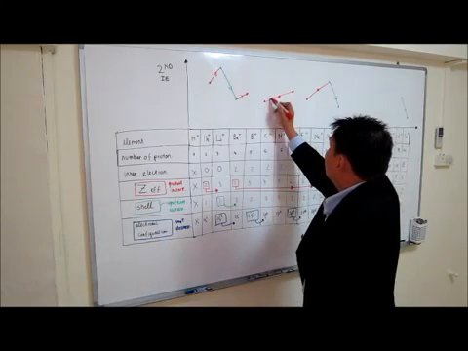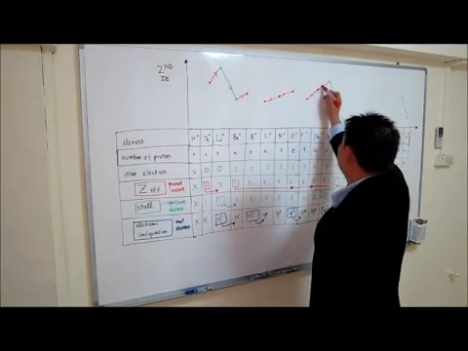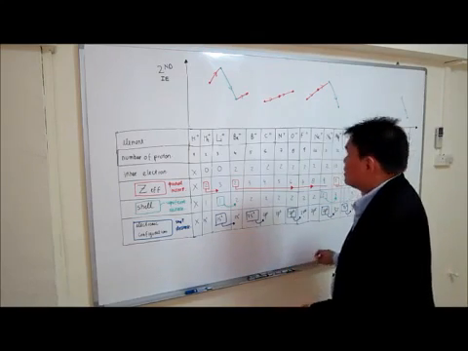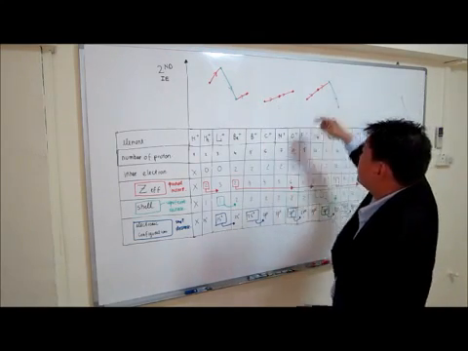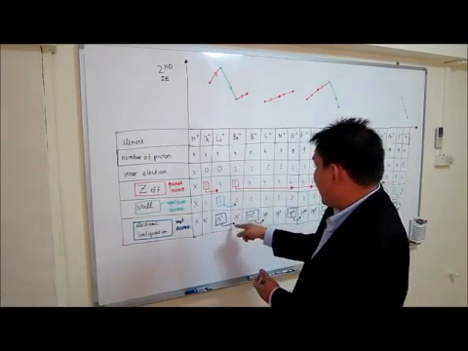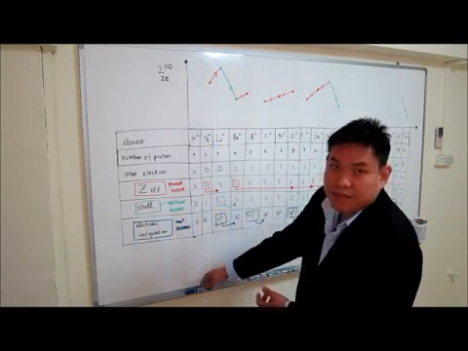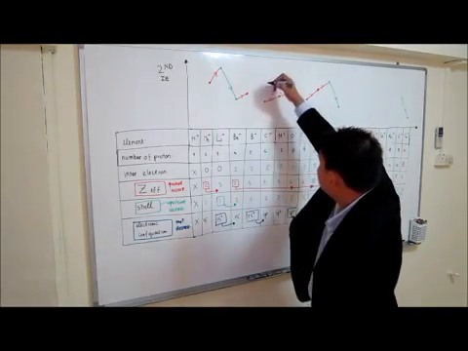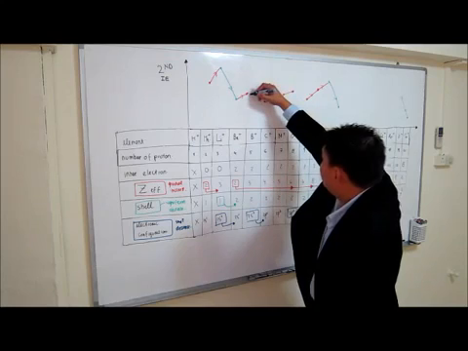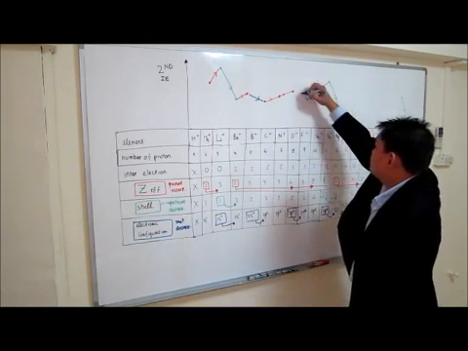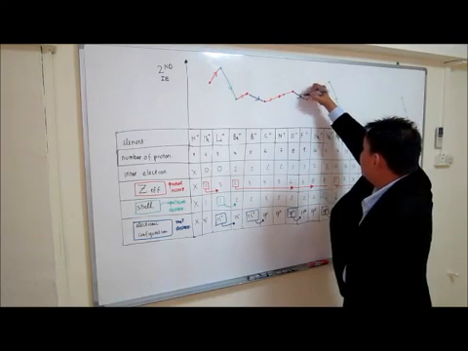Now, why do I have to split the gradual increase here? Because in the middle here we have the effect of a small decrease because of the electronic configuration. So we are going to draw a slight decrease from boron plus to C plus, also from oxygen plus to fluorine plus.